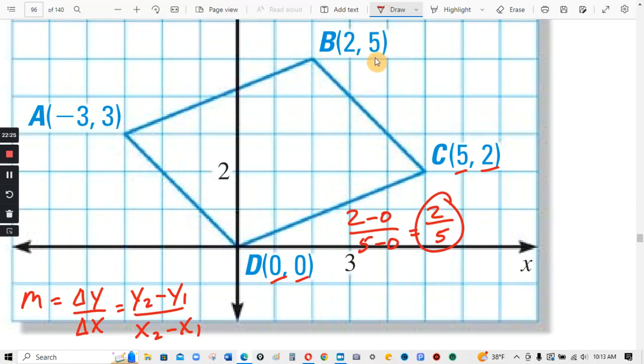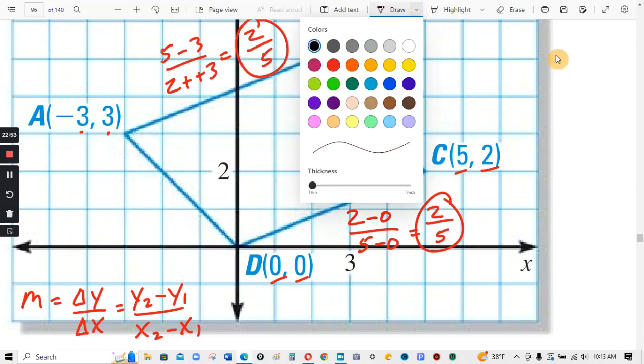I'm going to do 5 minus 3 for the change in y, and I'm going to do 2 minus negative 3 for the change in x. 5 minus 3 is 2. 2 negatives make it positive. 2 plus 3 is 5. So I have 2/5 and 2/5. Those match. Let's check the other side.